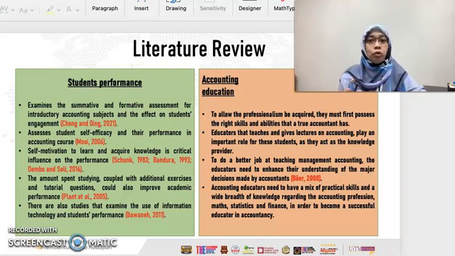In order to do a better job in teaching management accounting courses, they would need to acquire the knowledge, the practical skills and a wide breadth of knowledge regarding the accounting profession, which includes maths, stats, finance, among others, in order to become successful educators in the accountancy area.